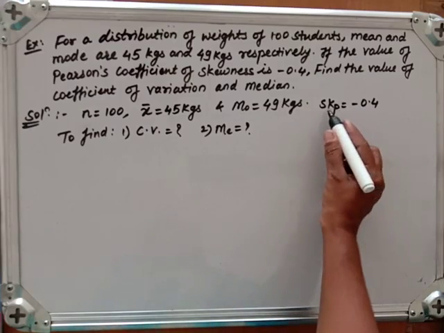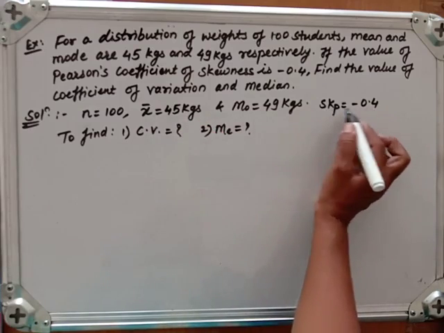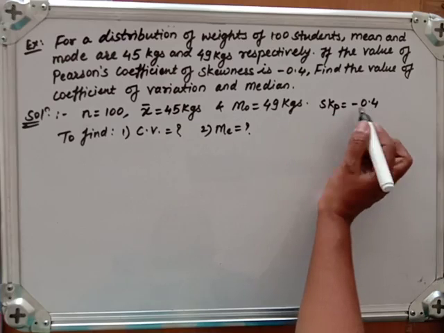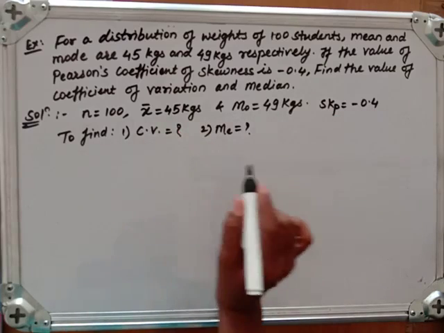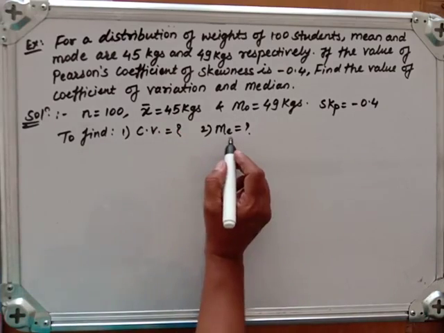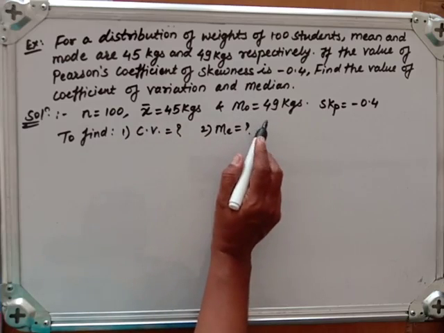So we have the mean, and we have the coefficient of skewness with us. So from that we can determine the standard deviation. Also we have to find the median, so we have the empirical relation between mean, mode and median.